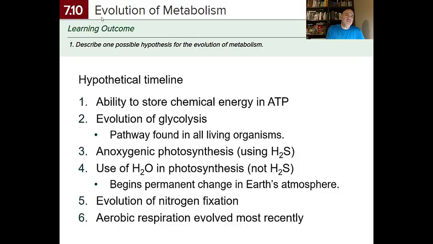This last topic considers the evolution of metabolism. Your learning outcome is to describe one possible hypothesis for the evolution of metabolism.